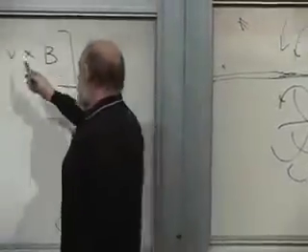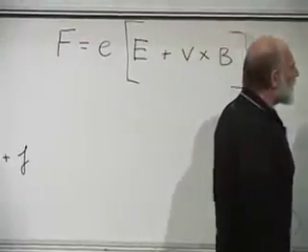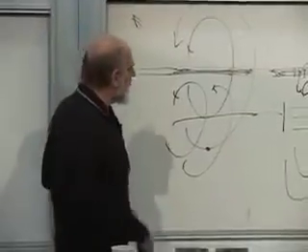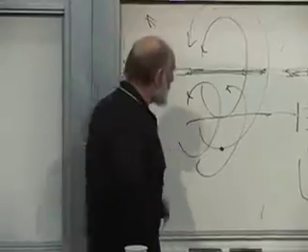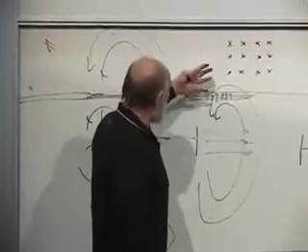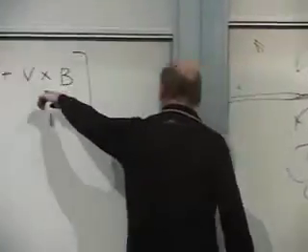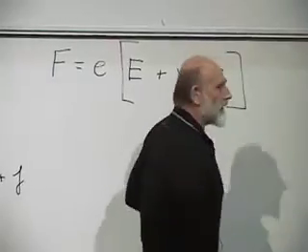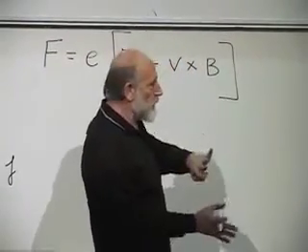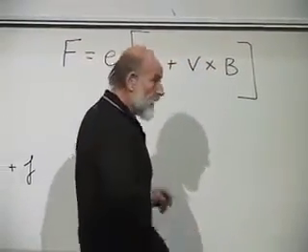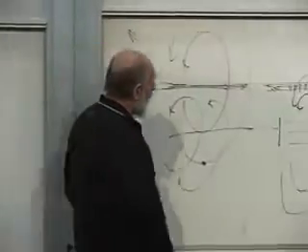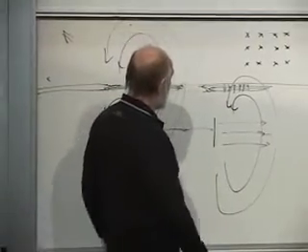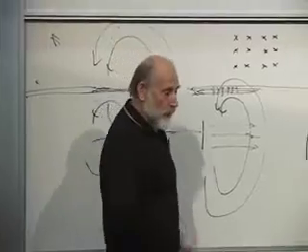V cross B, if you don't know what a cross product is, I'll rough it out for you now, but not with mathematical precision. It's first of all a vector which is proportional to the velocity, proportional to the magnetic field, and in the direction perpendicular to both of them.